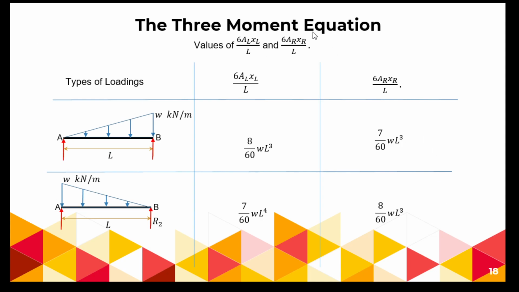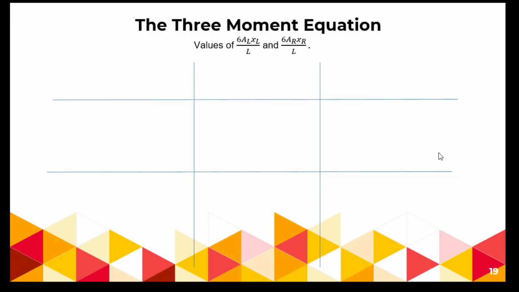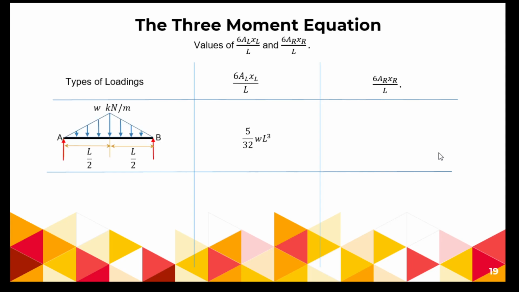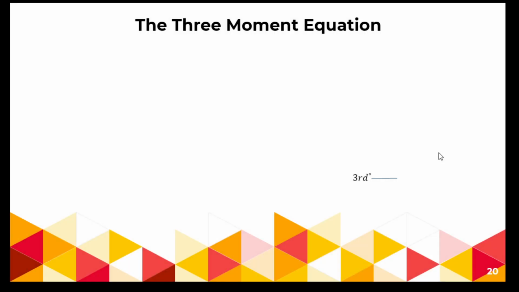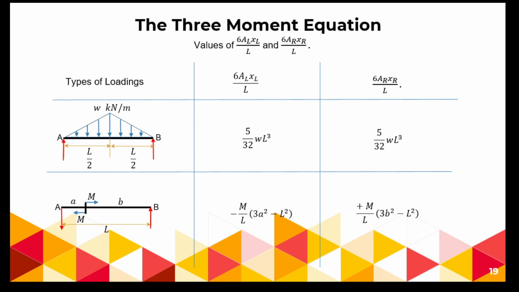Okay, try to copy because that's very important when we use now the three-moment equation. Another loading condition here. Try to copy the formulas or take a screenshot. Again, paano ni siya nakuha?